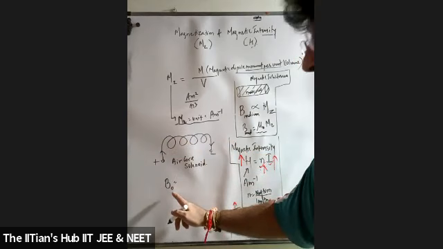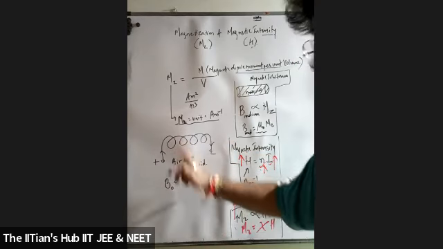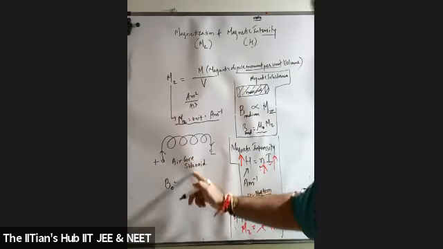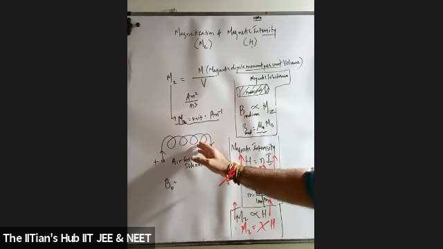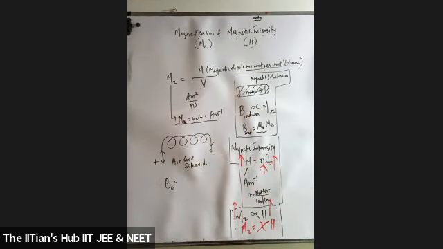The answer is the magnetic induction induced in this air core solenoid. Chalo, apna dimag laga ke get me the answer. The magnetic field intensity in an air core solenoid.